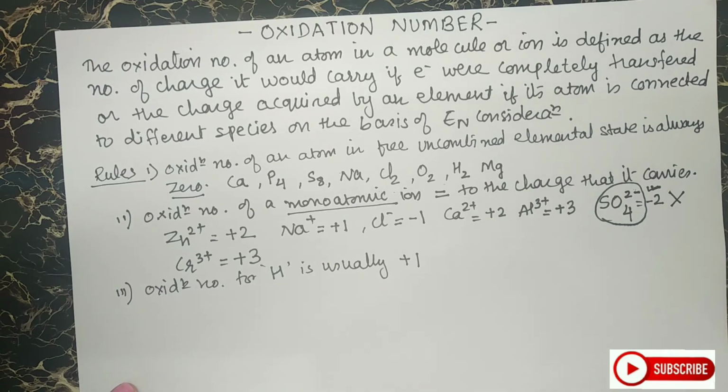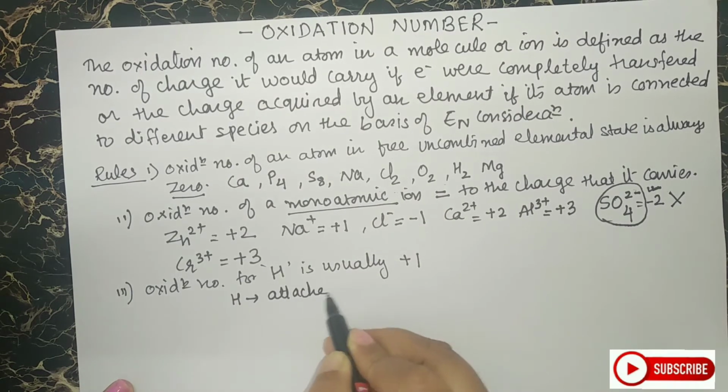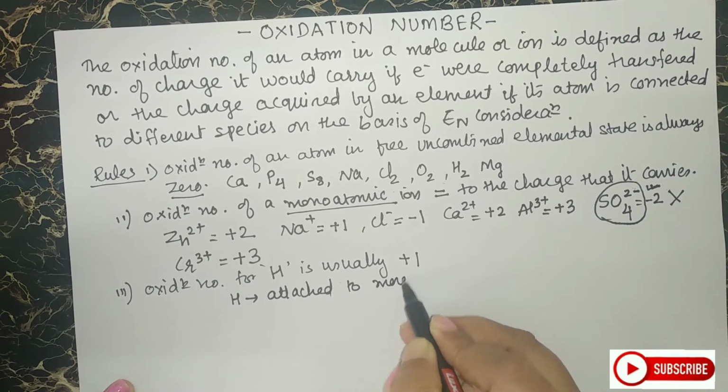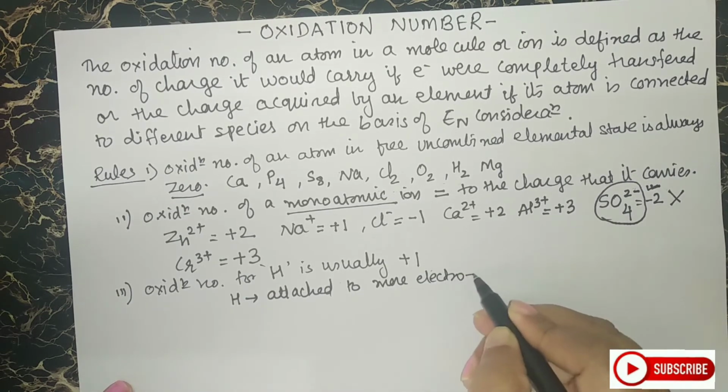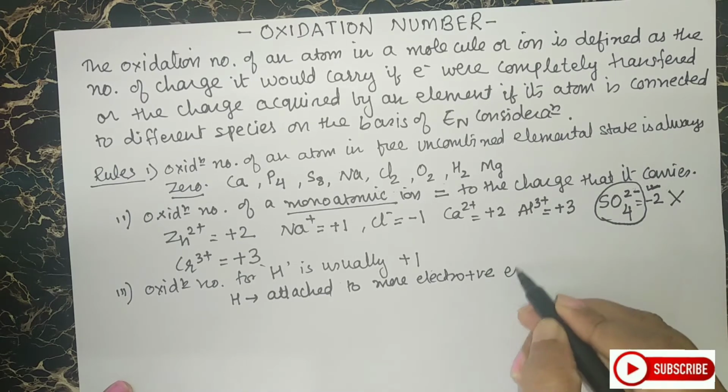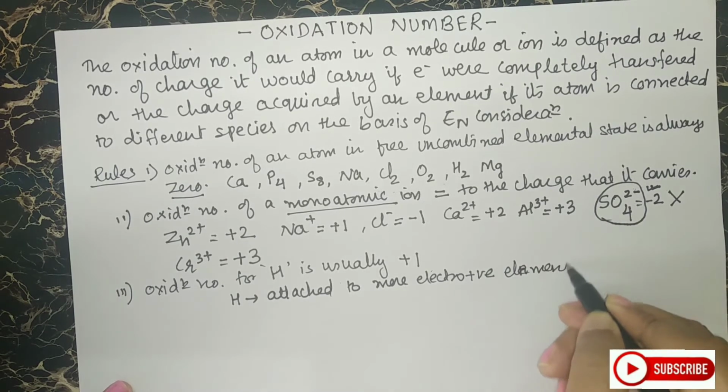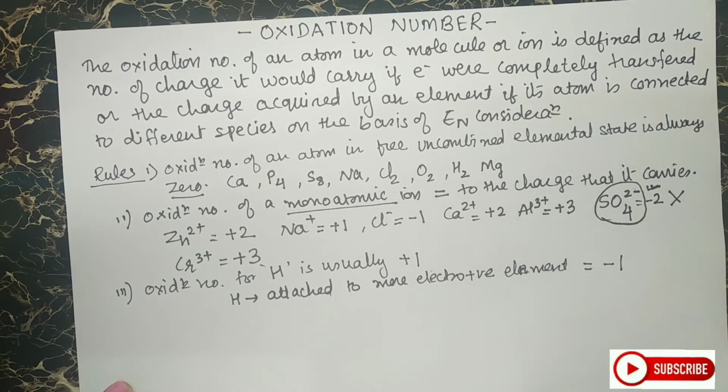Well, you will consider this as +1. But when it is attached to a more electropositive element, then its oxidation number is -1. It means when hydrogen is attached to a more electropositive element or species, then its oxidation number is -1.